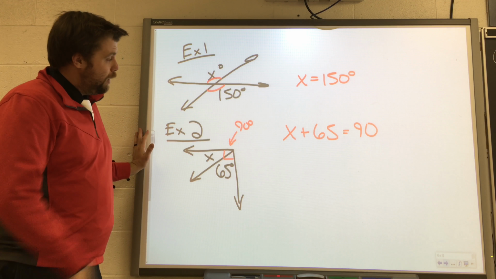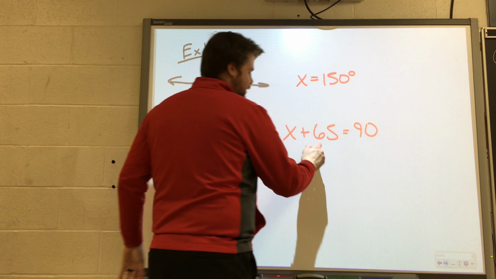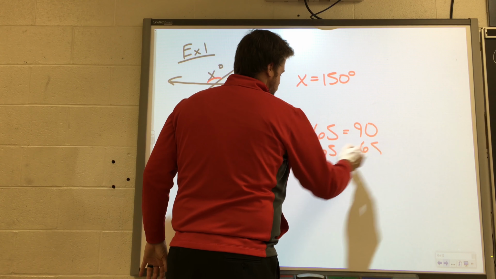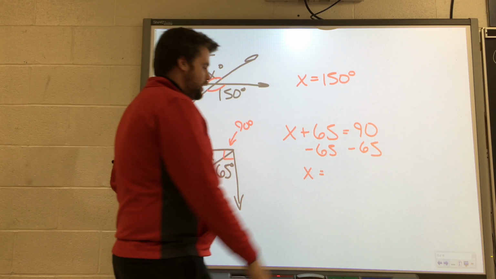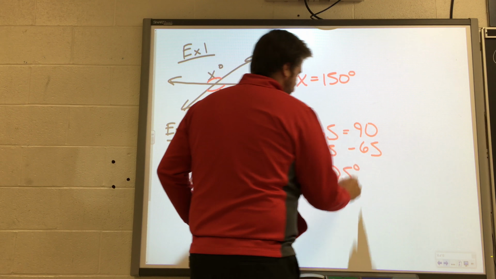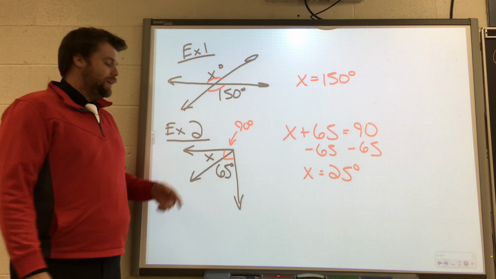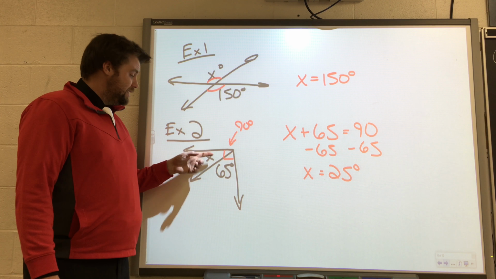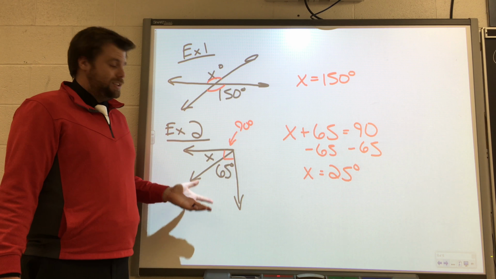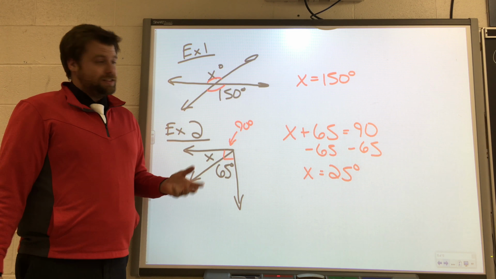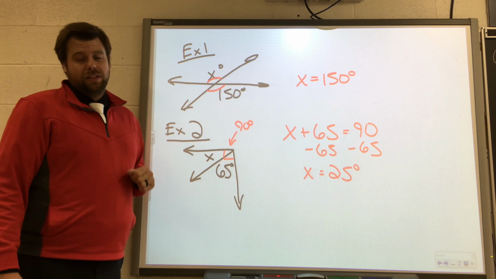And if I solve that equation, I can solve for x. Subtract 65 from both sides, and x is equal to 90 minus 65, which is 25 degrees. So x is equal to 25 degrees because this angle and this angle are complementary. They add up to equal 90 degrees. So therefore, you can solve for x, which would be 25 degrees.